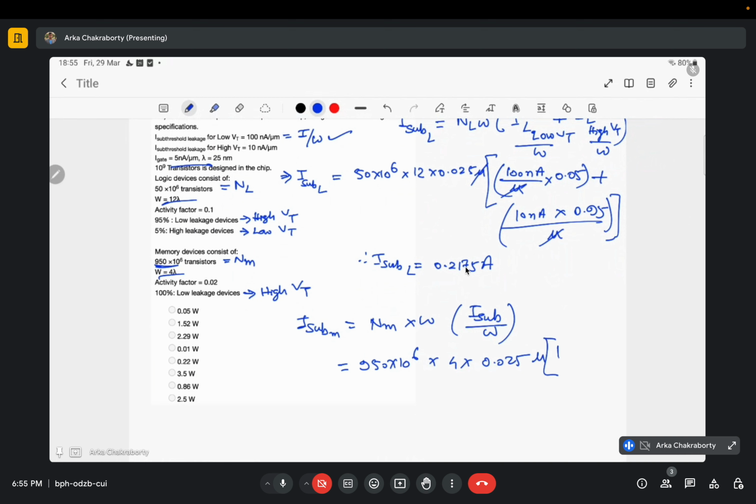And the current is 10 nanoampere per micrometer, so it will come as 0.95 ampere.